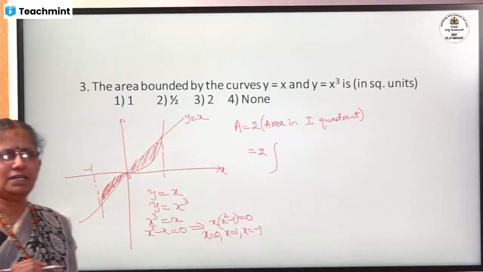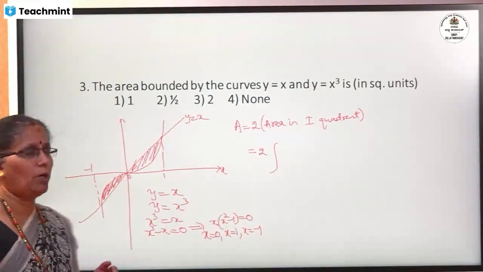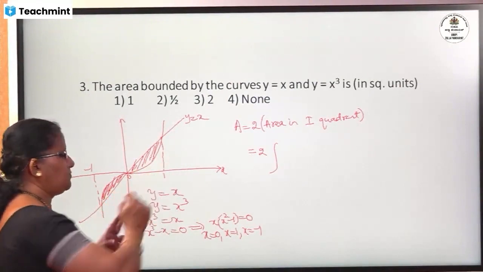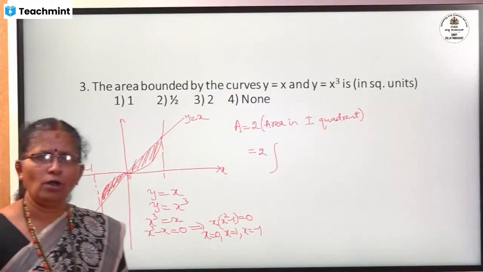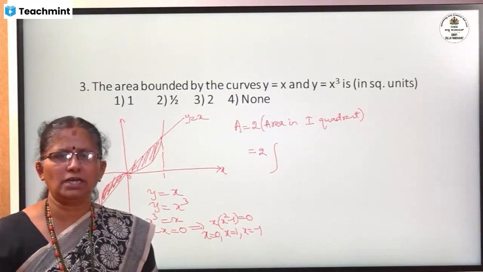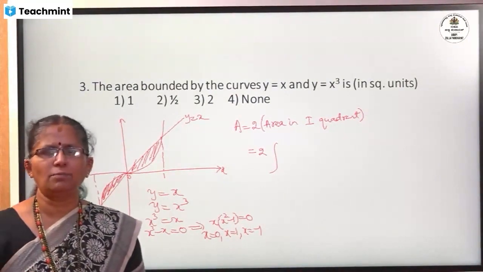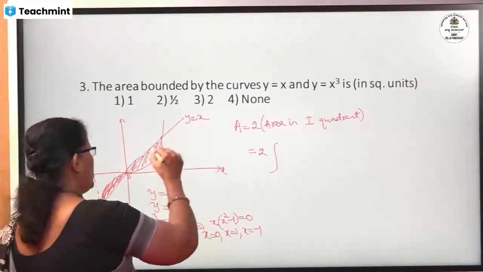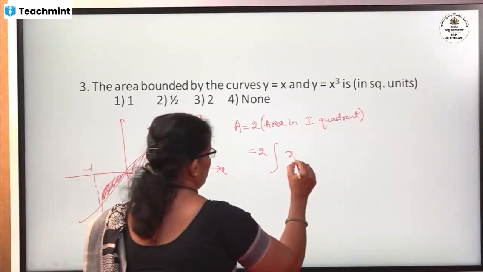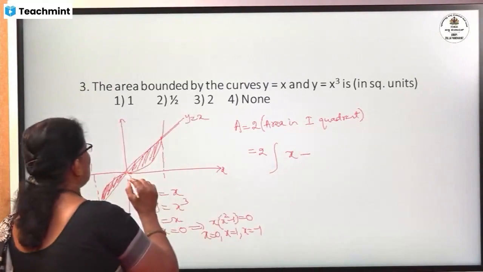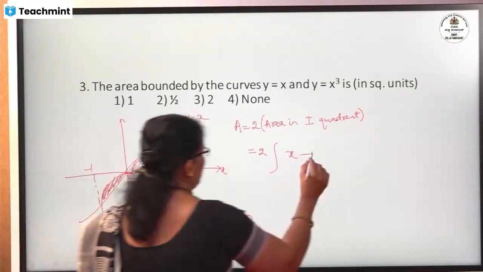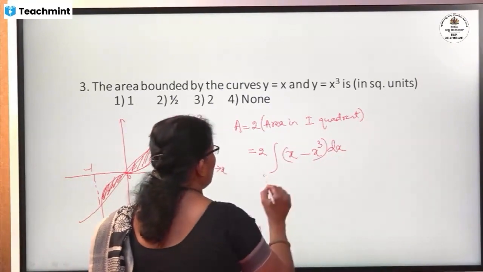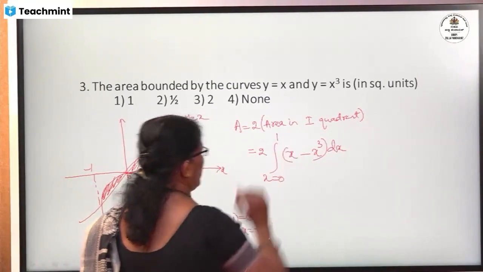Okay. Now because of symmetry, I can find the area only in the first quadrant. And in CET, you don't have to bother about writing down all the details, area of this minus area of this. What you do is, area bounded between two curves is integral of curve 1 minus curve 2. That's all. So what is curve 1 here? It is y is equal to x. Minus what is curve 2? Y is equal to x cube. And from where to where do we have to integrate? X varies from 0 to 1.